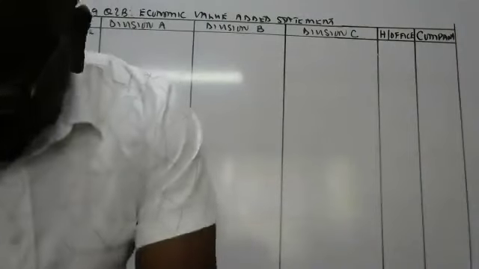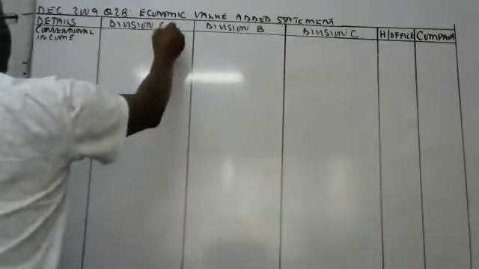So let's now take division A, which is given 28.5.